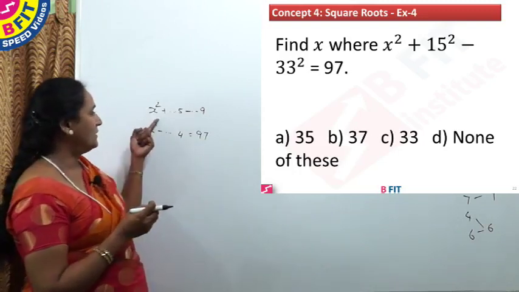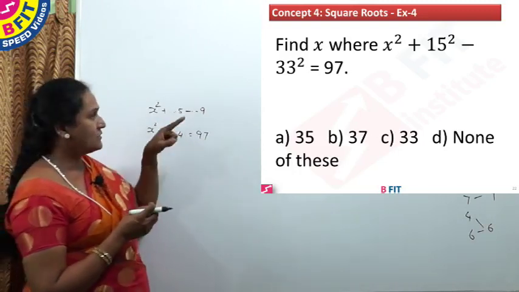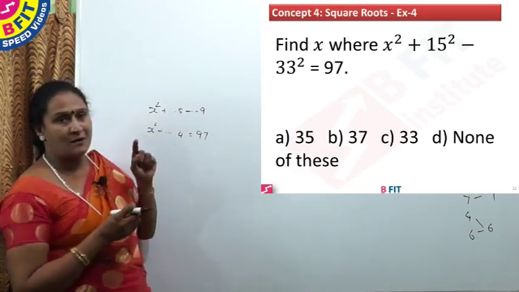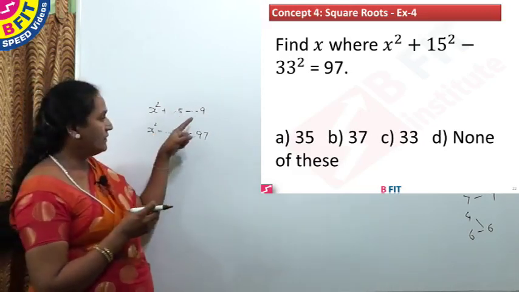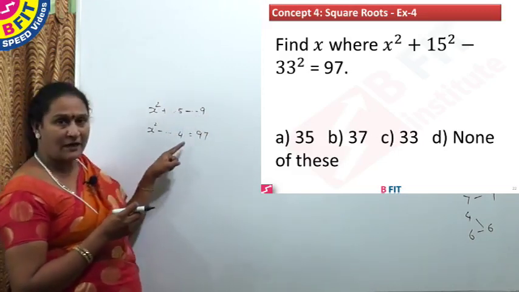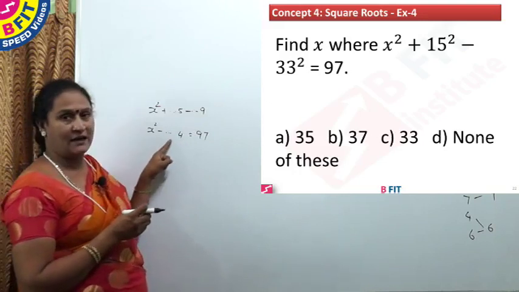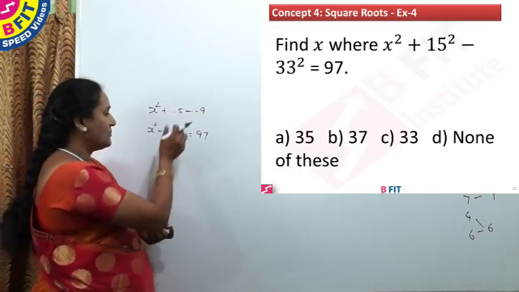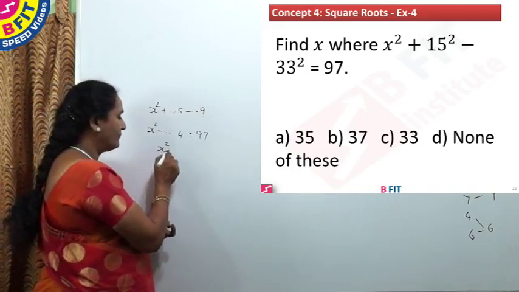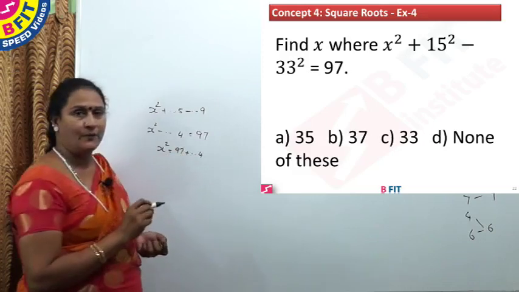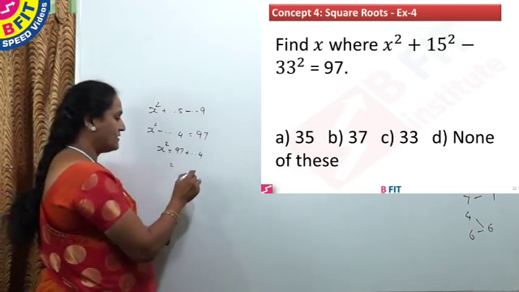So 15 square has unit place 5, and 33 square has unit place 9. When you subtract, you will have a number ending with 4 with a negative sign, because 33 square is higher. When this is sent to the other side, you will have 97 plus some number ending with 4. Now what will be the unit place of this sum?